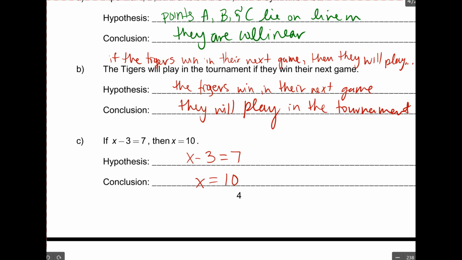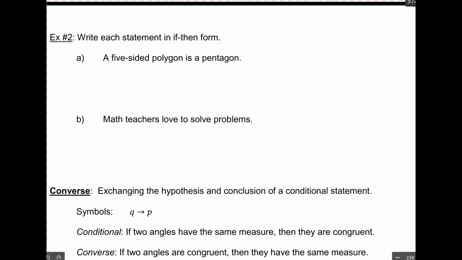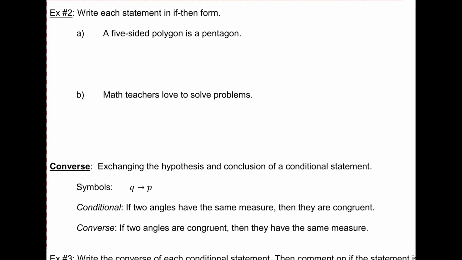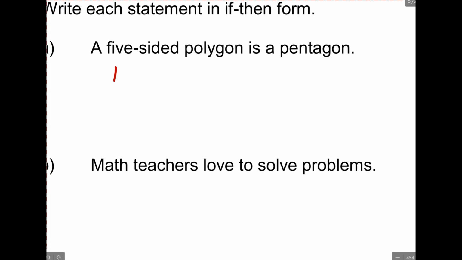All right. So let's write each statement in if-then form. A 5-sided polygon is a pentagon. Okay, so how could I rewrite this? If a polygon is a pentagon, then it has 5 sides. Wait, what did you say?